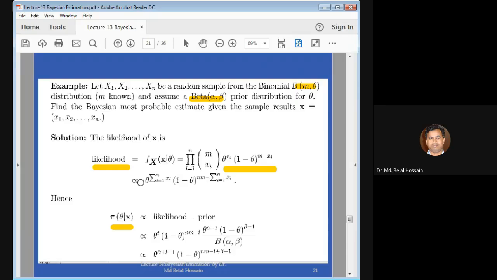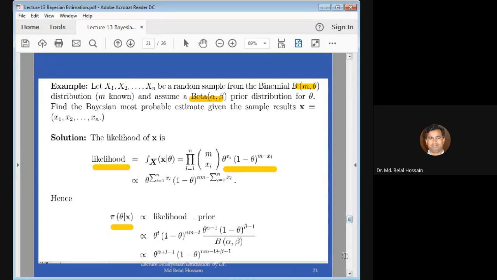So we write the proportional sign rather than the equal sign to indicate that we lost some constant term to be equal. Okay, and this summation goes to the power because it is in a power. Theta to the power summation of xi, 1 minus theta to the power summation of m minus xi, as m is constant, so it is actually nm direct multiplication.